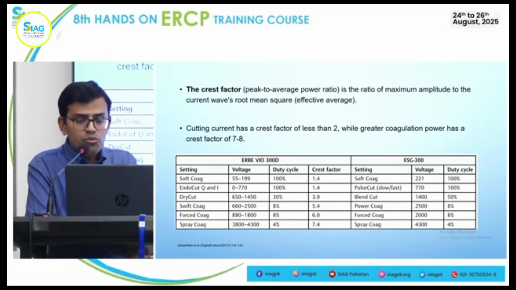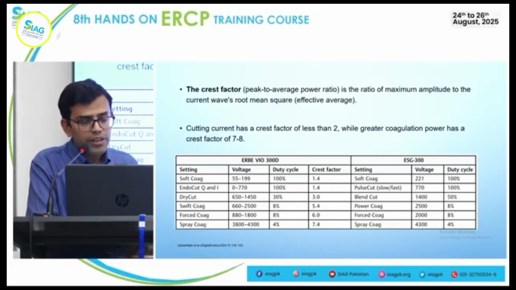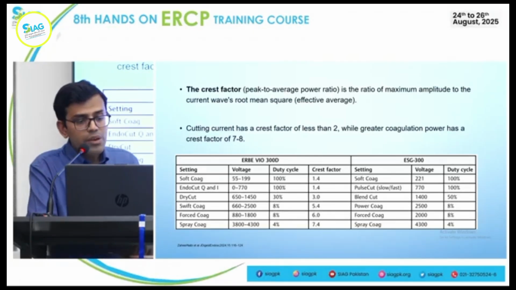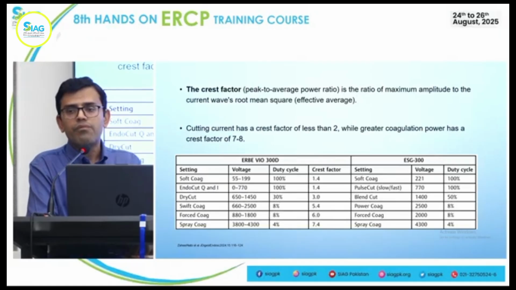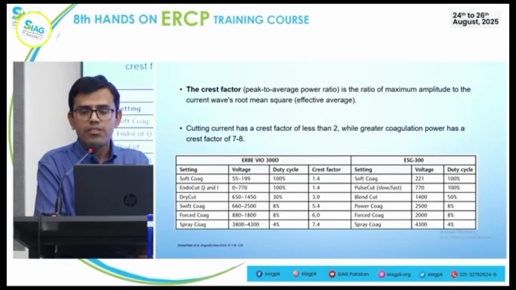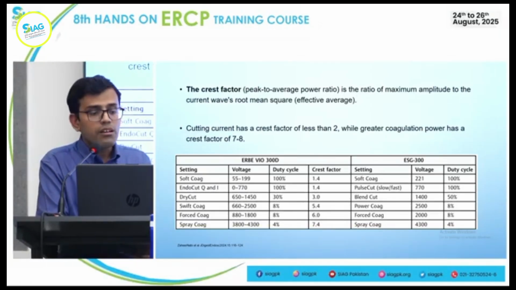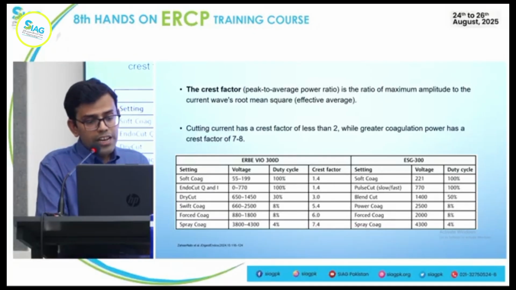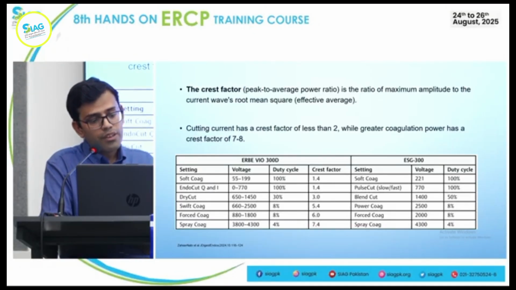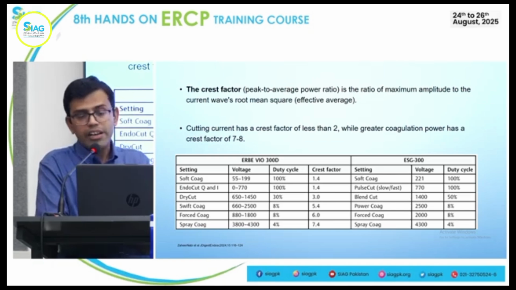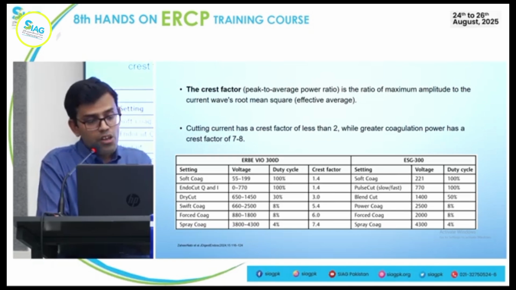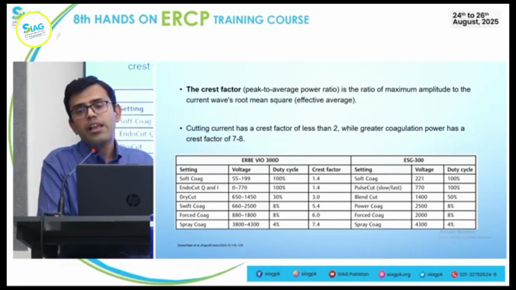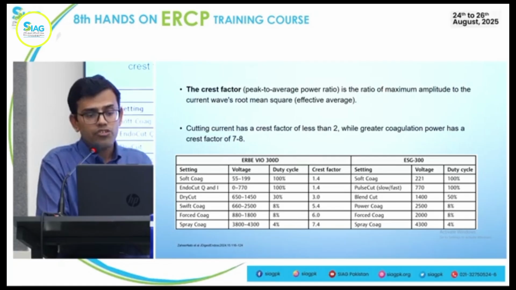Now, looking at two common models that we use quite often in our endoscopy units, we can see how these three important factors, the voltage, the duty cycle, and the crest factor, imply what current will be activated. If the voltage is around 200, it's usually a soft coagulation. With relatively high voltage, we will have either endocut or coagulation currents.